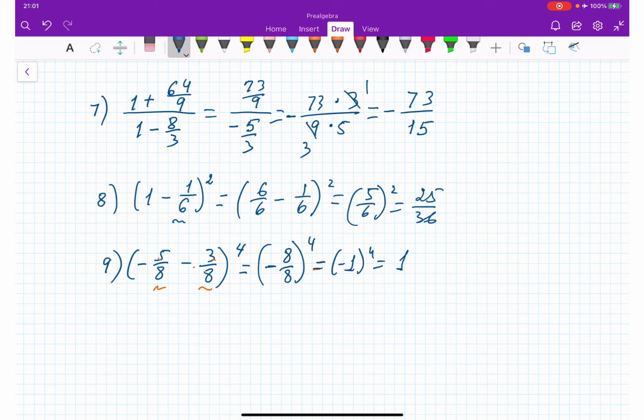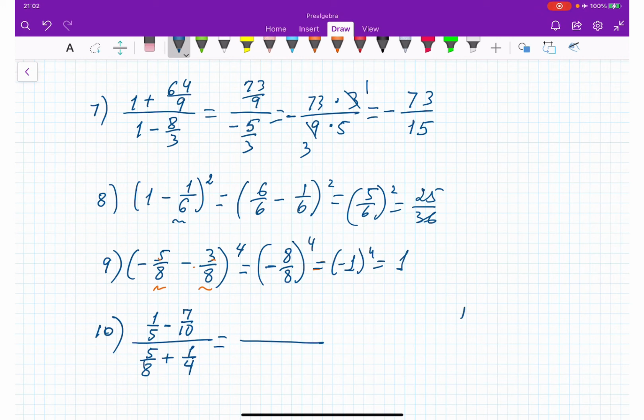Next, question number 10. 1 over 5 minus 7 over 10, over 5 over 8 plus 1 over 4. Okay, let's see. What is going to be the common denominator here in the numerator? 5 and 10, it's going to be 10, right?